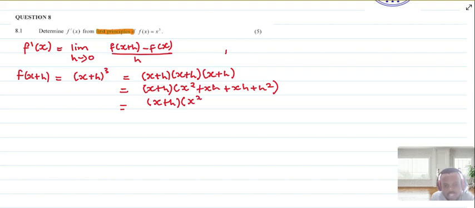So xh plus xh becomes 2xh plus h squared. So now we can eliminate a bracket.